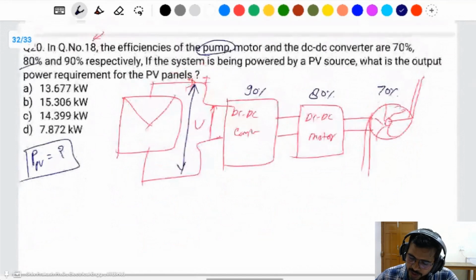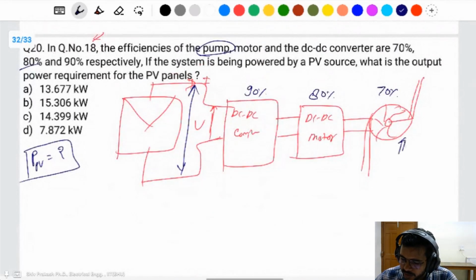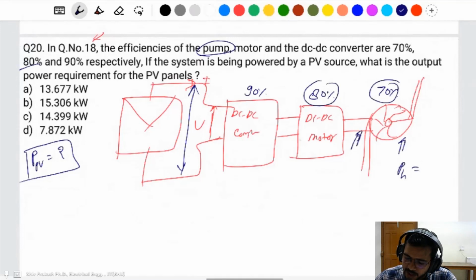To find this, first calculate the hydraulic power PH. Divide by 70%, this is the input of the pump. Divide by 80%, this is the input of the DC motor. Divide by 90%, this is the input of the DC converter, the same as the output of the PV panel.